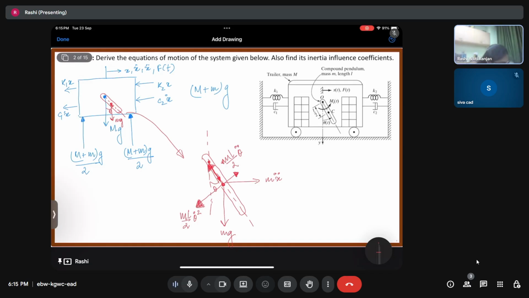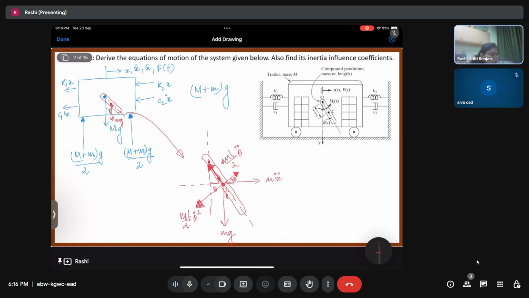Just a second. This angle is theta, so this is also going to be theta, because it is 90 minus theta and then theta.